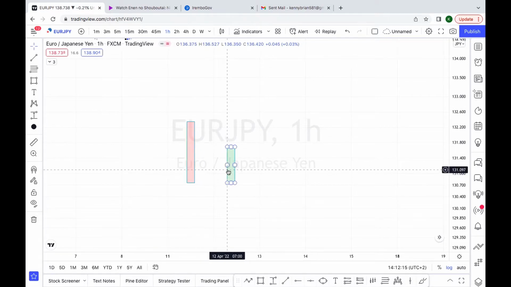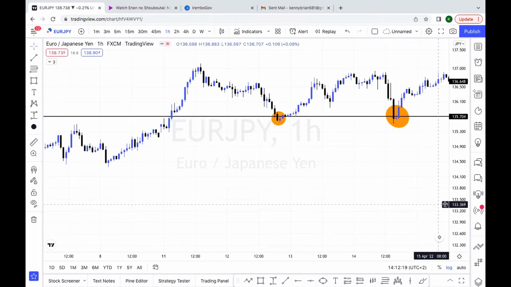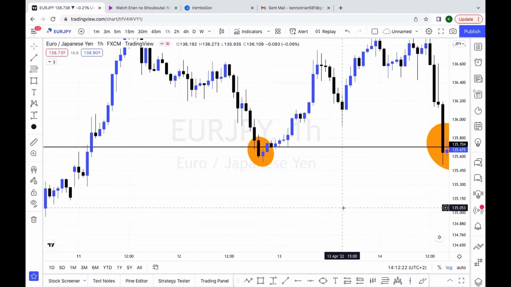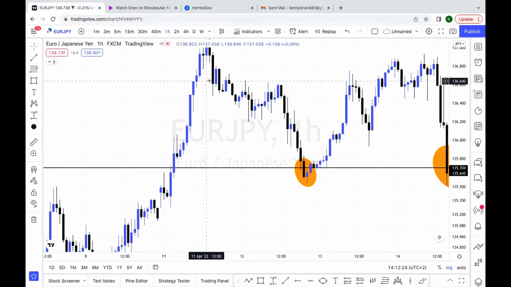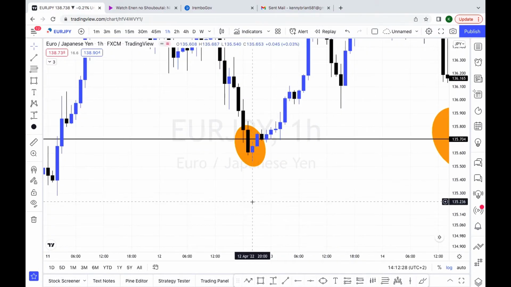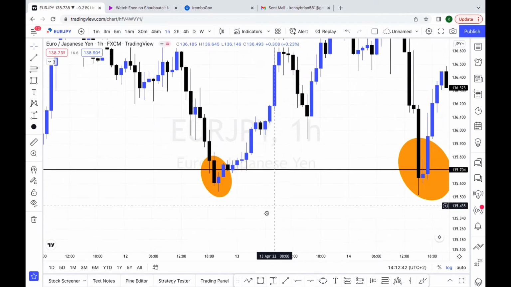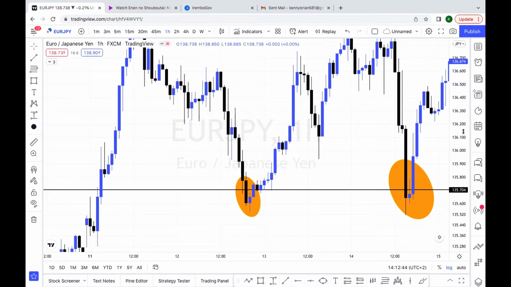So let me show you an example. As you guys can see, markets were moving up, came back down, right? Huge, big bearish candle, small bullish candle, and then the third bullish candle closed higher than the 50% of this huge bearish candle, which made the market start going up.